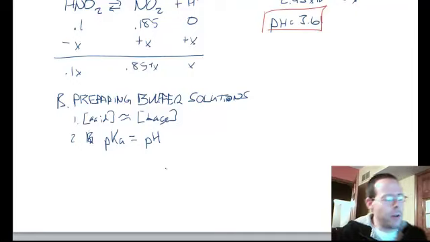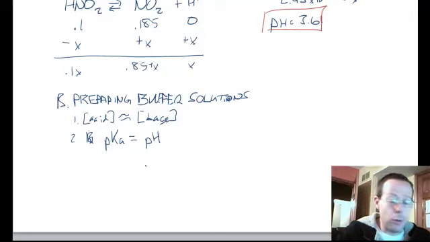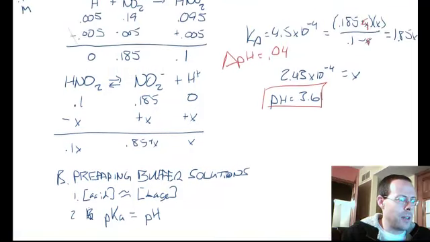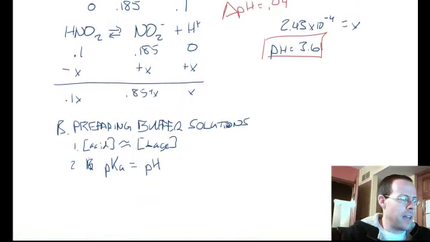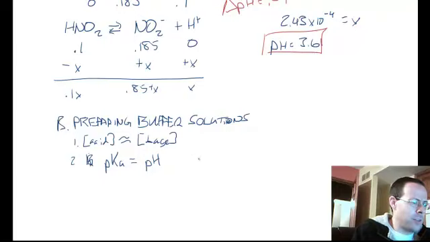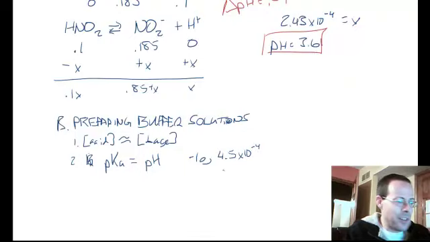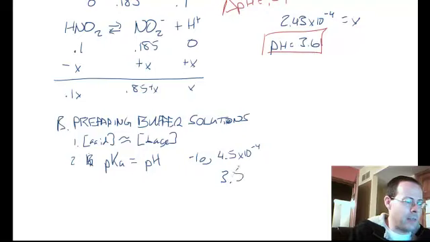So if we wanted a buffer of 4.5, the nitrous acid buffer would not work very well, because to get the pKa of nitrous acid we take the negative log of 4.5 times 10 to the negative fourth, and it's going to be in the 3.5 range.